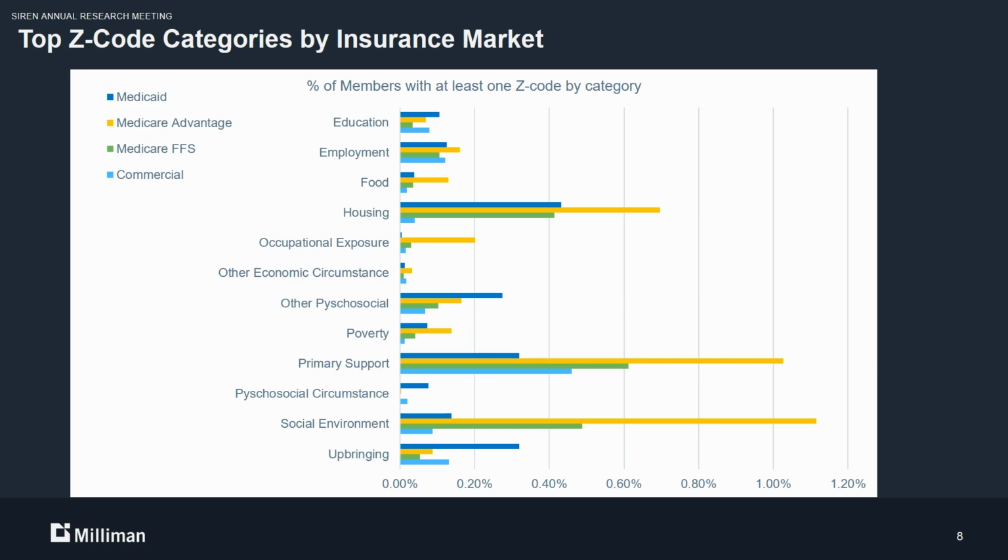And I think we're seeing pretty low documentation for things like other economic circumstance or poverty. Both of these include things like access to utilities, transportation, and financial instability. Interestingly, all of these categories for the most part are being documented across all markets.